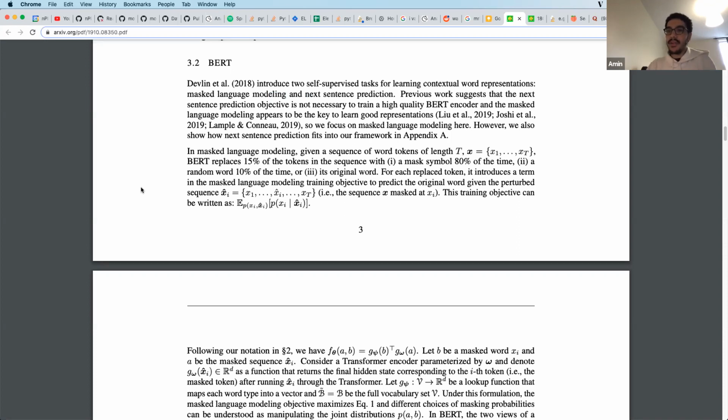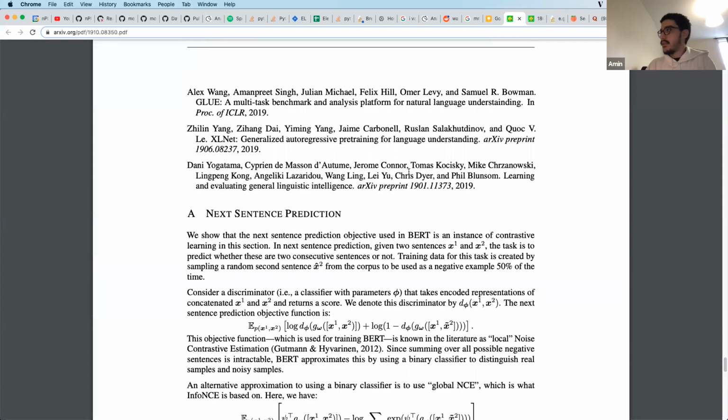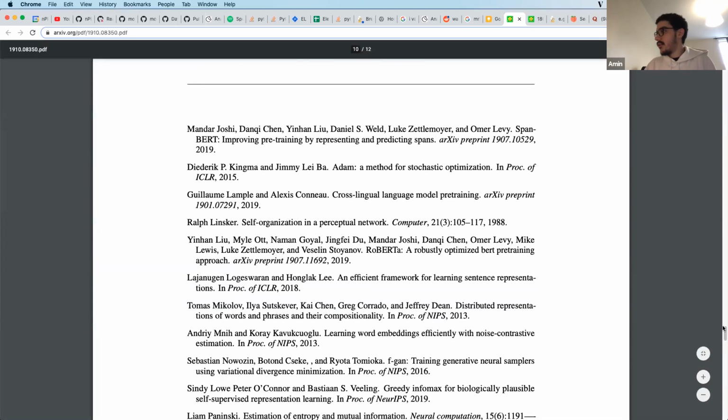Because there has been work done elsewhere that shows that if you train a BERT model on only one of the tasks, namely the masked language model, it still can give good representations, they leave showing why the next sentence prediction objective fits in the framework to the appendix. Oh, let's not go there now.